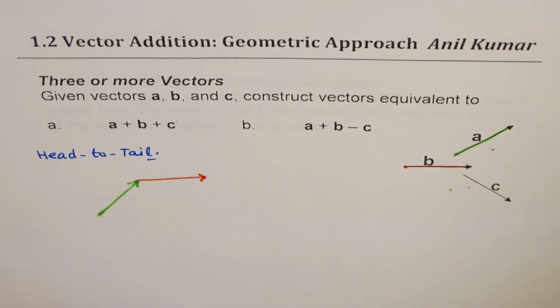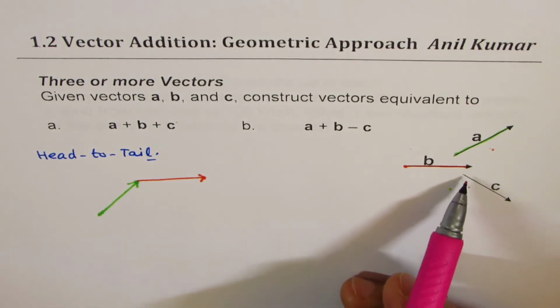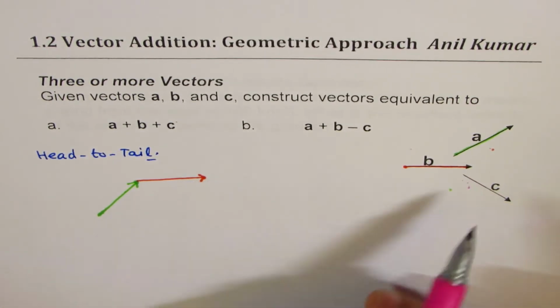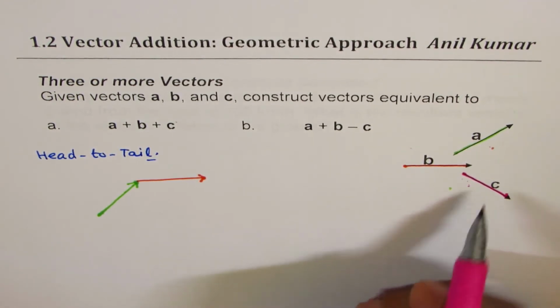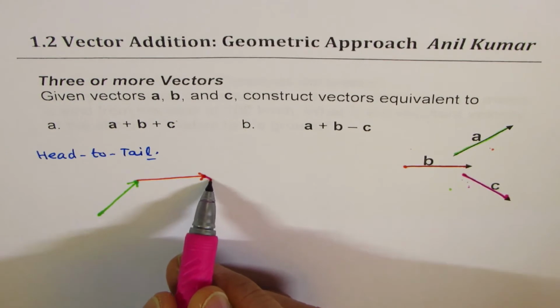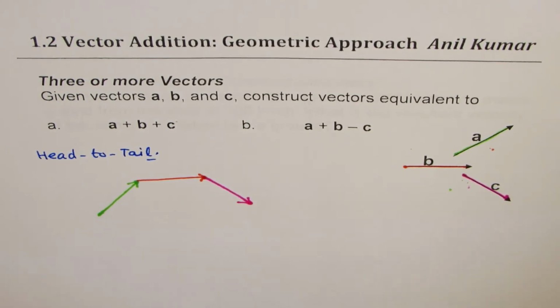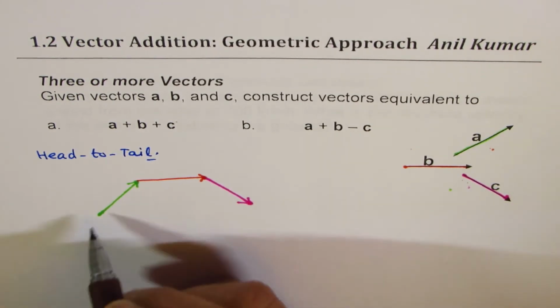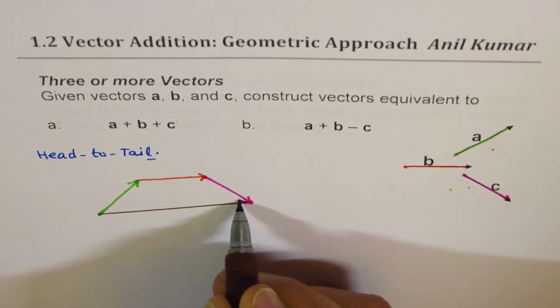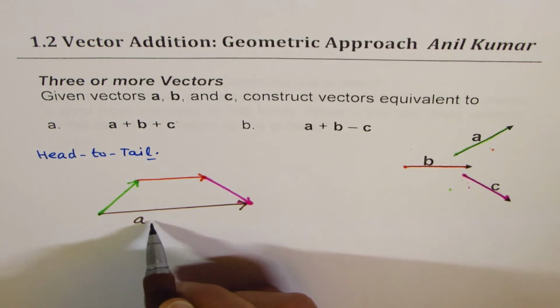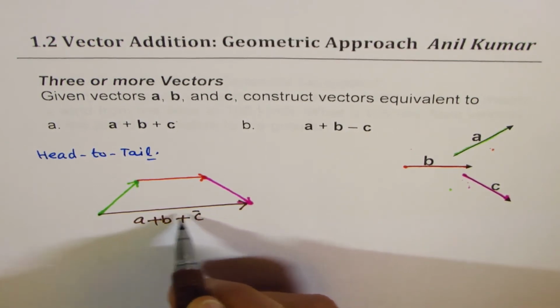That becomes vector B. And now at the head of B, we can put the tail of C, and then we'll sketch this vector and draw it from here. The resultant is from the starting point to the terminating point. So that gives you A plus B plus C. Is that clear?